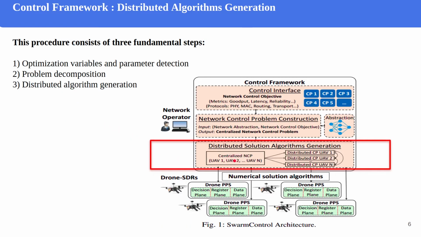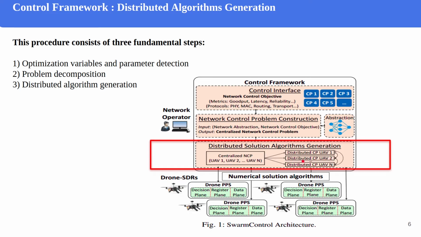The third part of the control framework is distributed solution algorithms generation. The resulting NCP cannot be solved at a central controller that has no access to time-varying network state information. The overhead and delay to retrieve such information in such a scenario might lead to insufficient and suboptimal network solutions.